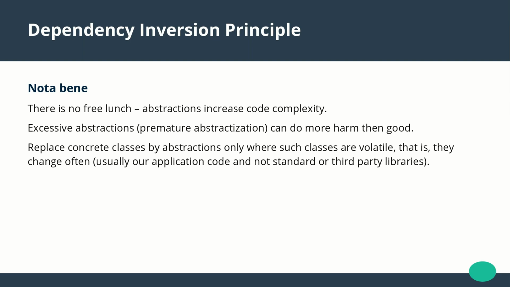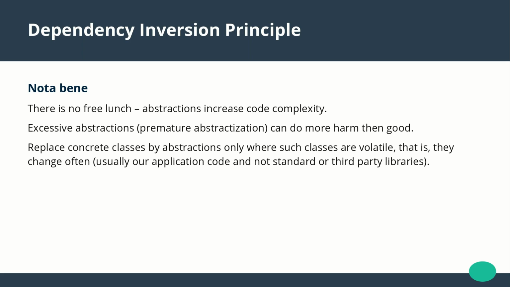We replace concrete implementations, concrete classes, details, by abstractions only where such classes change often. Usually this is our own code, while standard library classes or third-party libraries don't contain classes that will change often in our application, or they will not change at all.